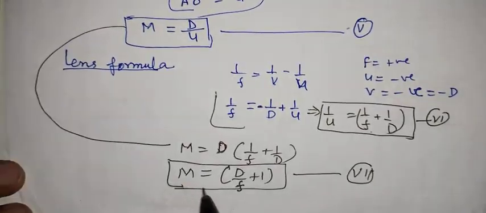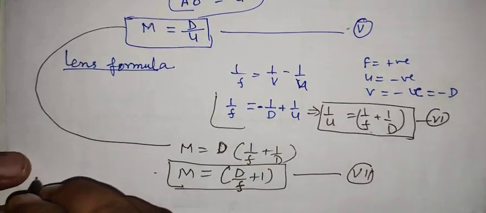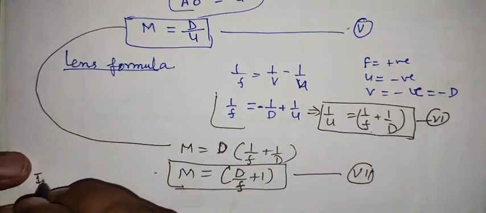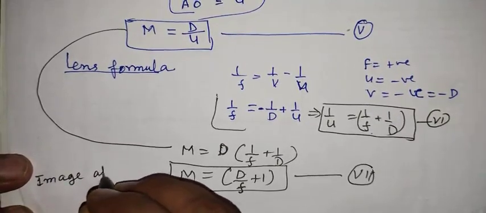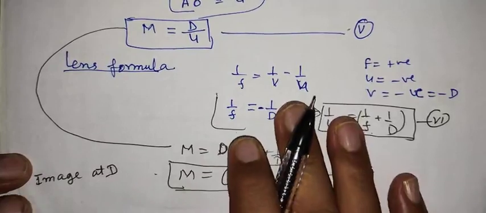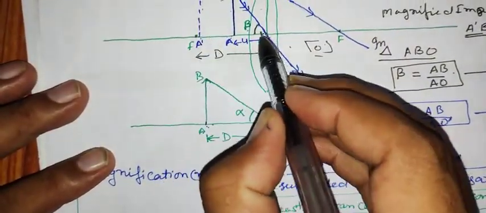This formula is applicable when the final image is formed at capital D.